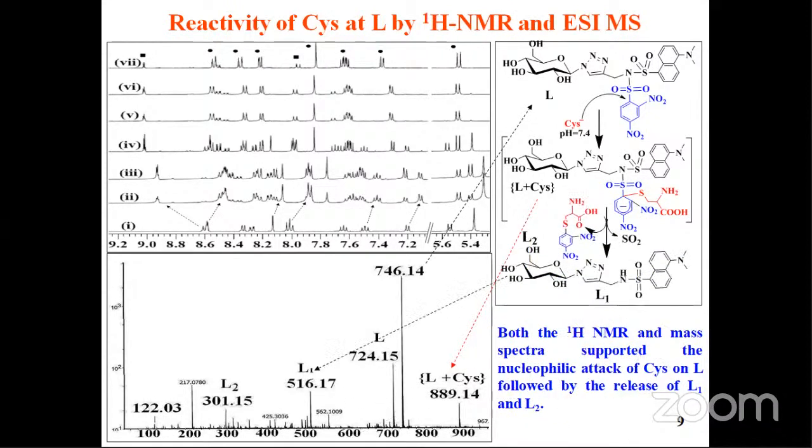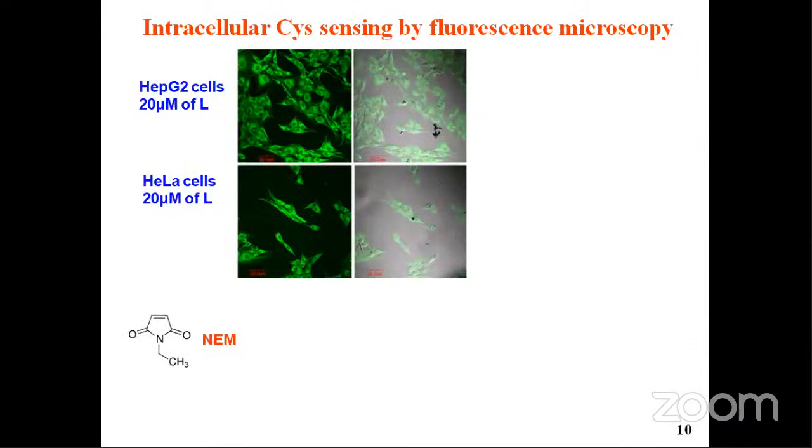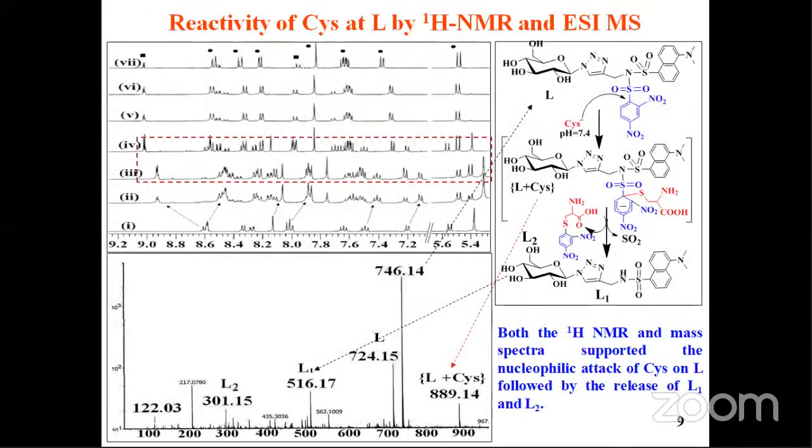Once it reacts with the nucleophile, there is an intermediate. At the intermediate, you can see more complex NMR signals, so that means there is a mixture of these compounds.